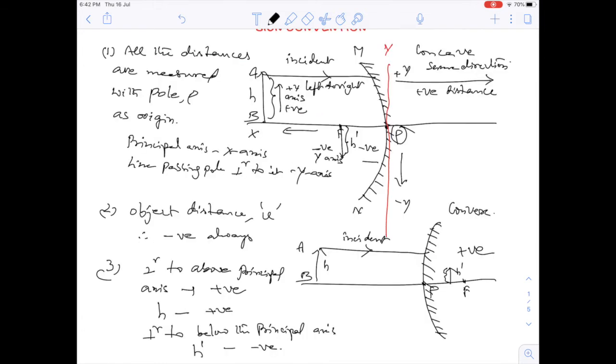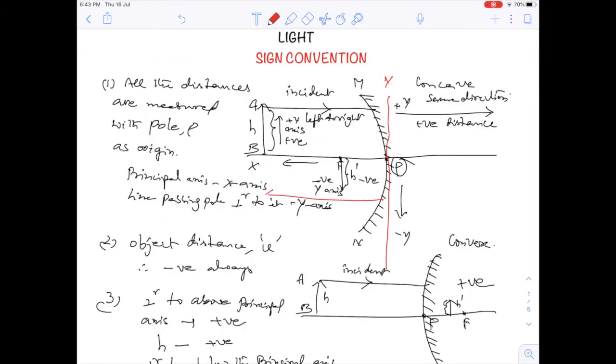Suppose we consider the negative direction. If the distances are measured from the pole towards the negative direction, that is from right to left, away from the pole, in this direction, it means it is against or opposite to the incident light.